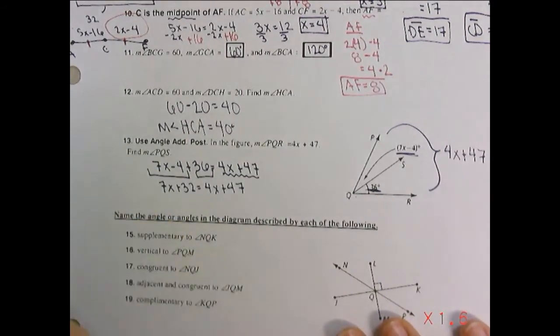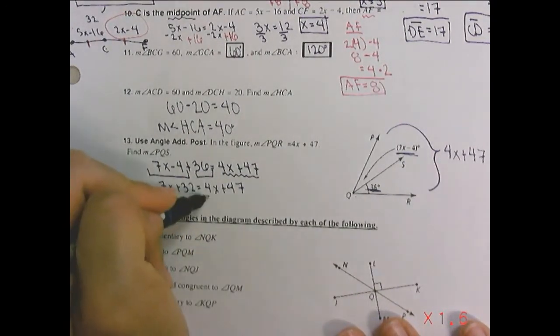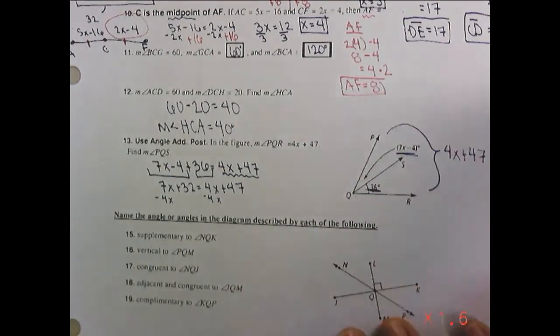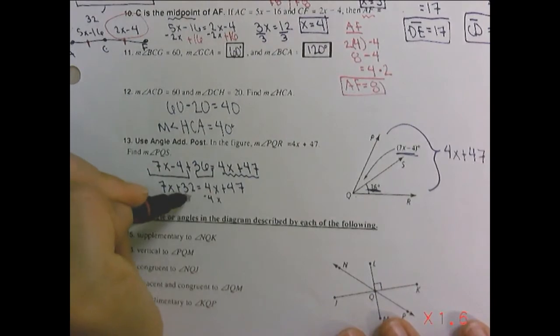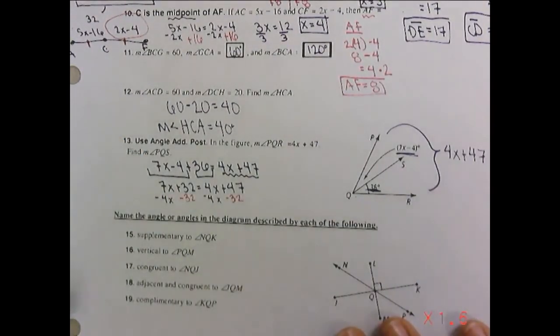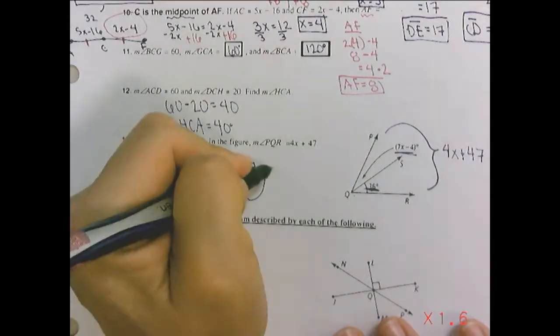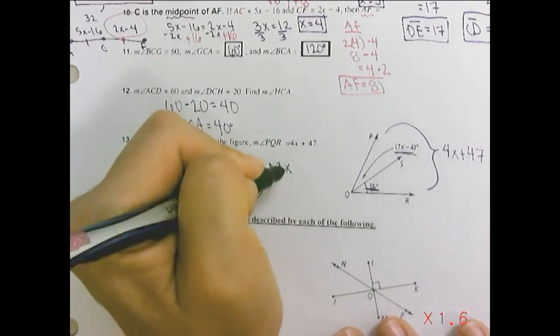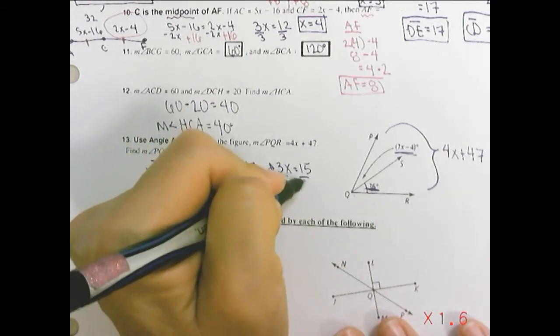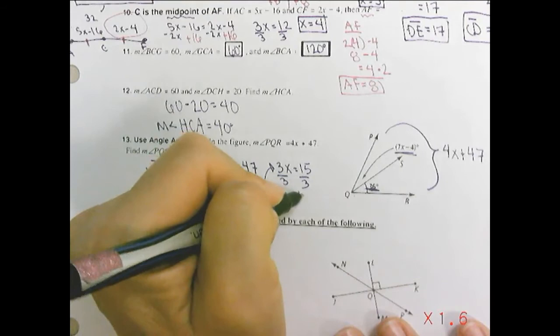I'm going to move my x's over. I'm going to subtract 4x and subtract 4x, and I'm going to minus 32 and minus 32, and I will get 3x equals 15. Now I divide by 3 and divide by 3, and x equals 5.